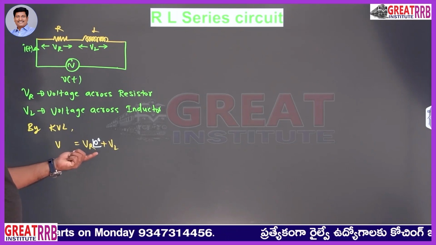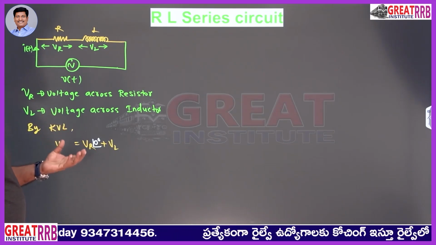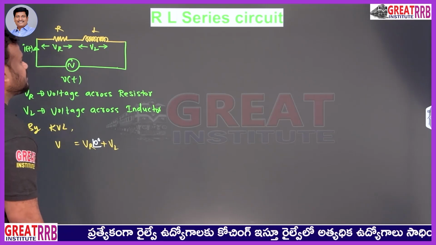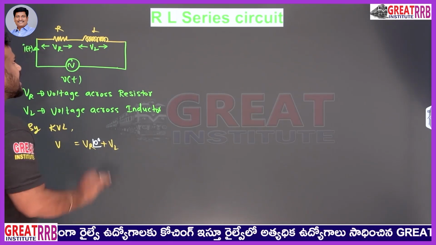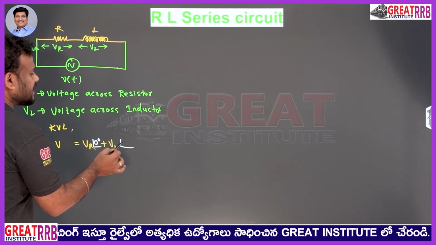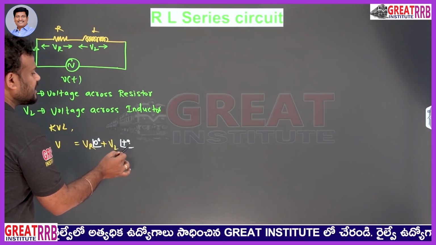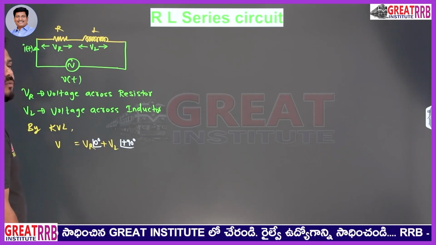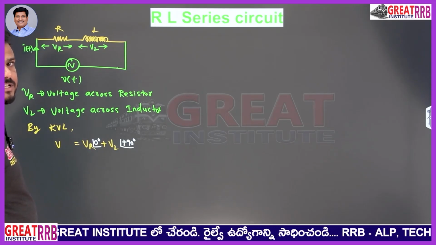Of course, this is called the polar form, which is a mathematical representation. Similarly, the voltage across the inductor always leads the current by an angle of 90 degrees. That is the point we discussed in the previous session.